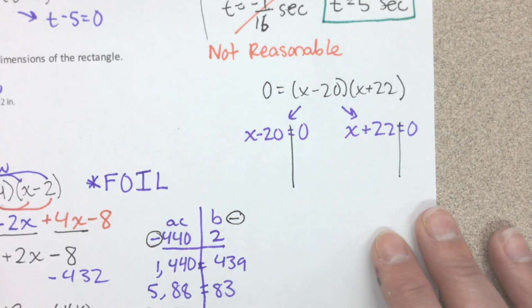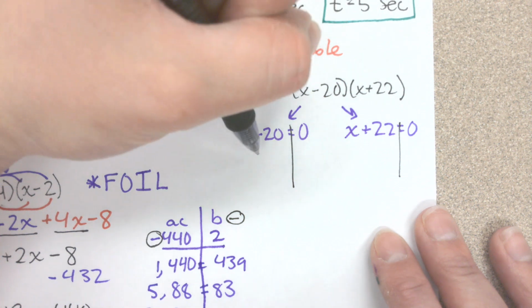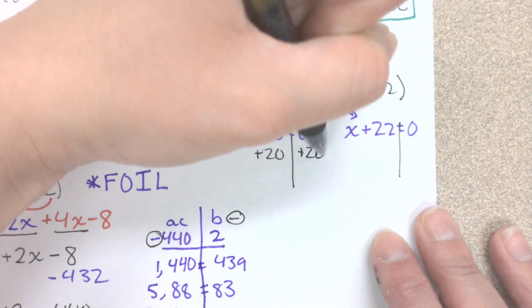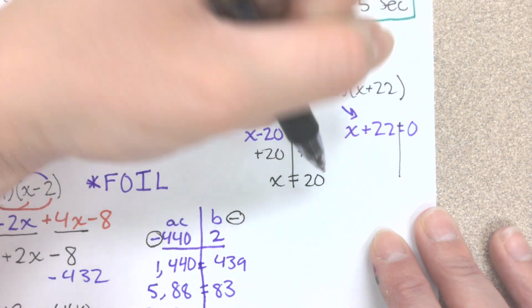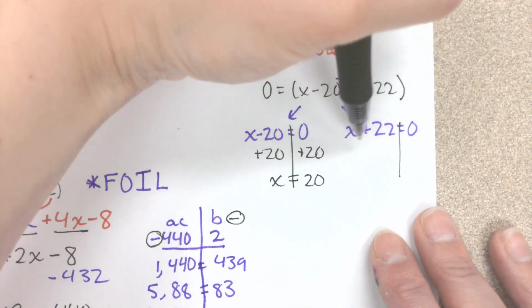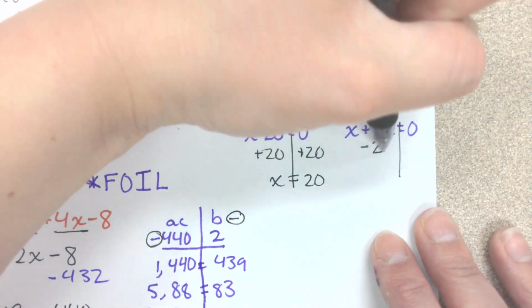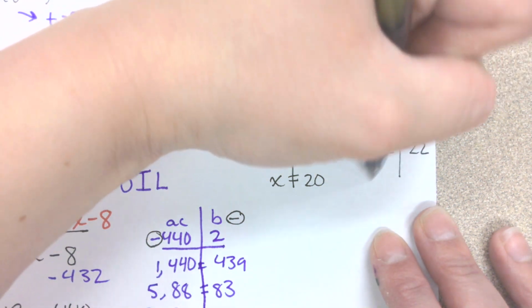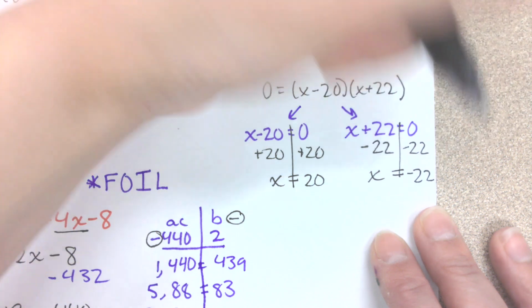Let's solve these. X minus 20 equals 0, so we'll plus 20 on both sides. X equals 20. X plus 22 equals 0. We're going to minus 22 on both sides. X equals negative 22.